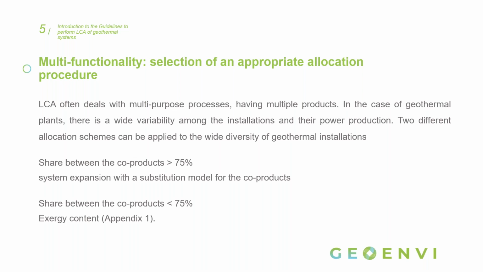In this case, if the share between the co-products, energy and heat, is higher than 75%, a system expansion with a substitution model for the co-products is invited as the preferred method to be applied. If the share between the co-products is lower than 75%, then an exergy content allocation method is suggested.